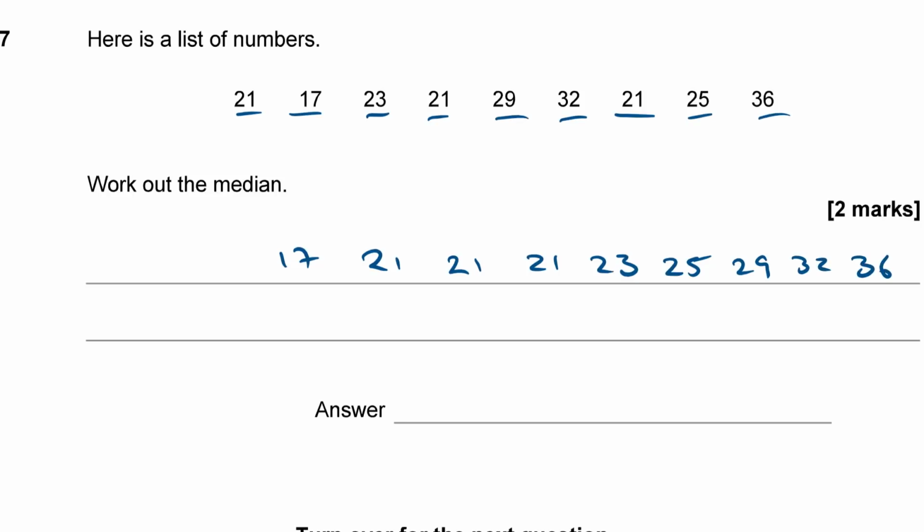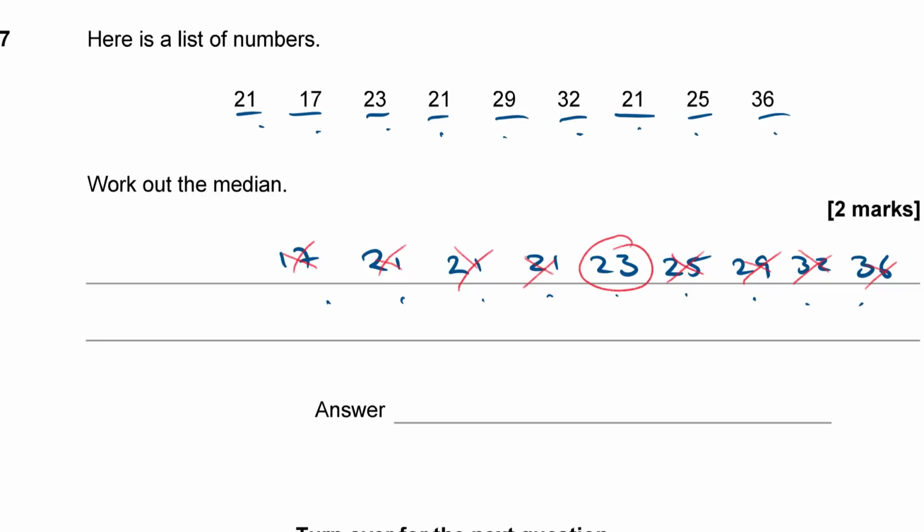Okay, just double check. 1, 2, 3, 4, 5, 6, 7, 8, 9. Got my 9 numbers down. Okay, so now I've got them arranged from smallest to biggest. Then the median is going to be the one in the middle. So you can either count in from both ends until you've got one left in the middle.